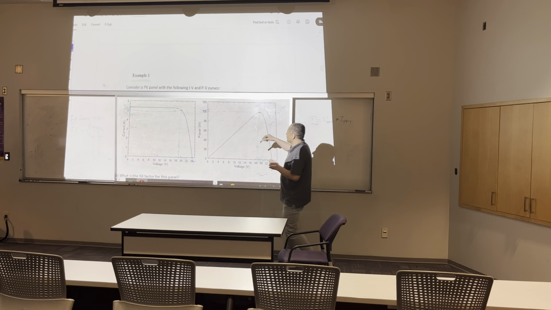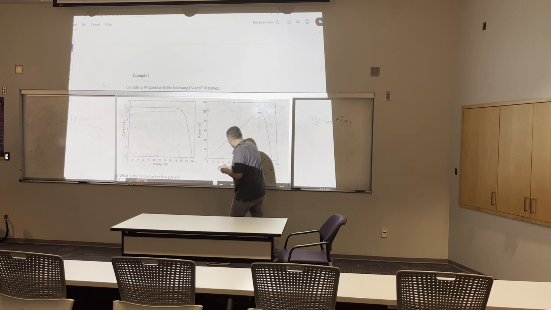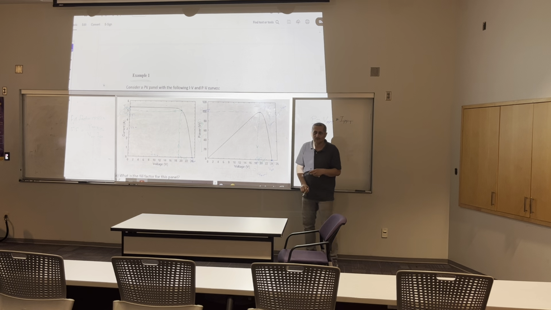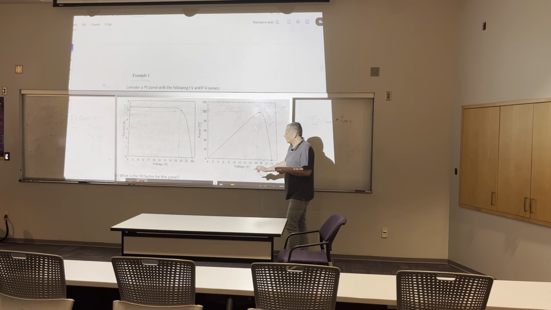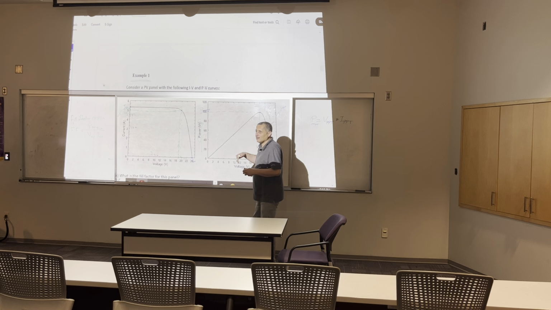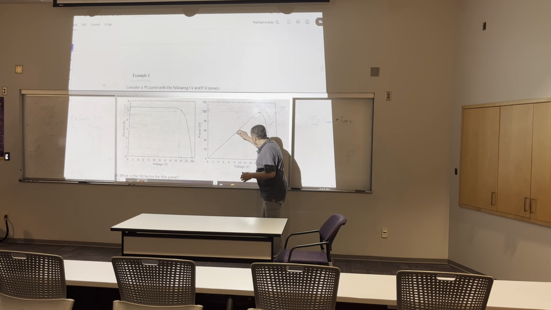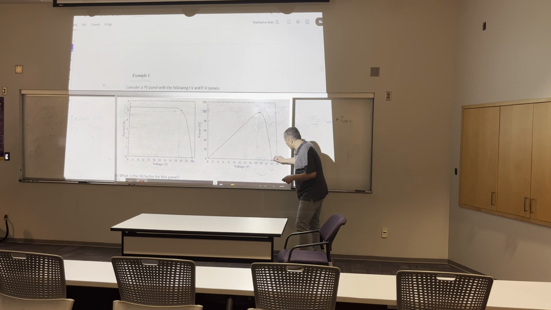This curve is the relation between P and V. The power will increase, because the current will increase, reach max power, then drop to 0. 0 power means 0 current.